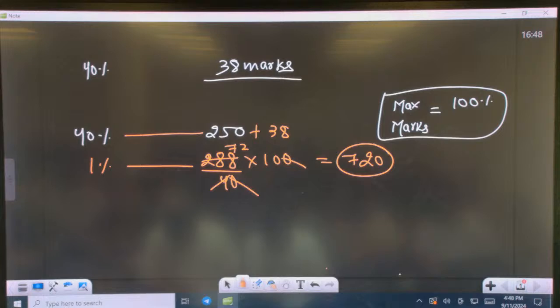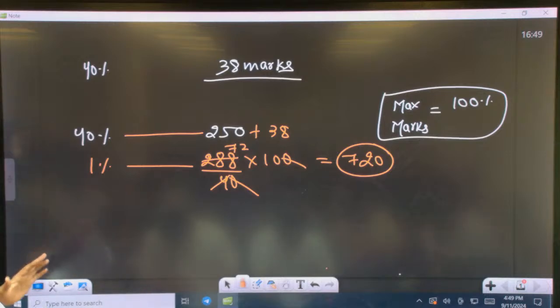If the passing percentage for the exam is 25%, then find the maximum marks of the exam.